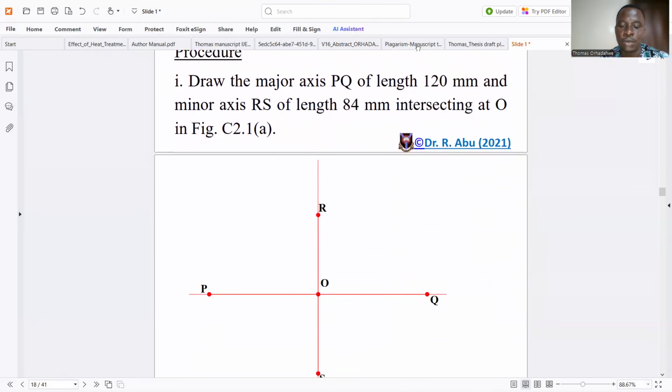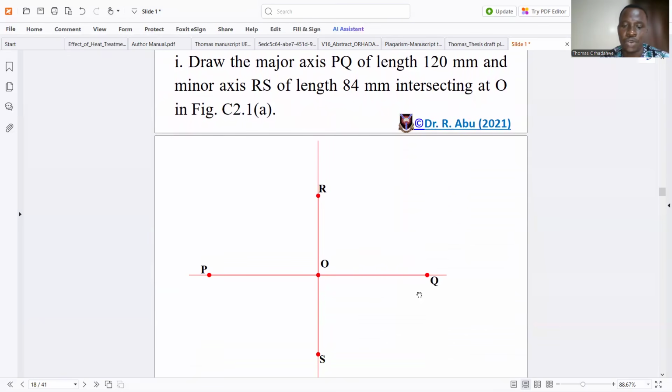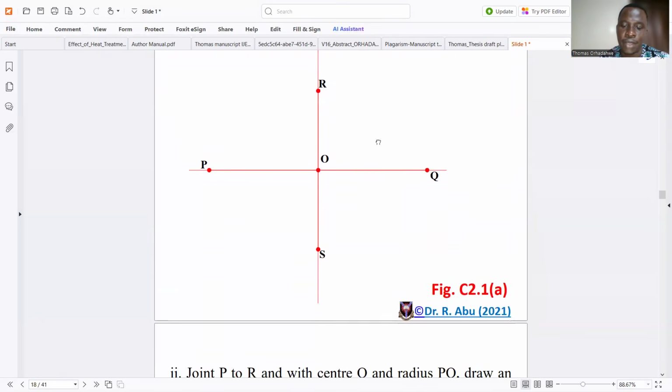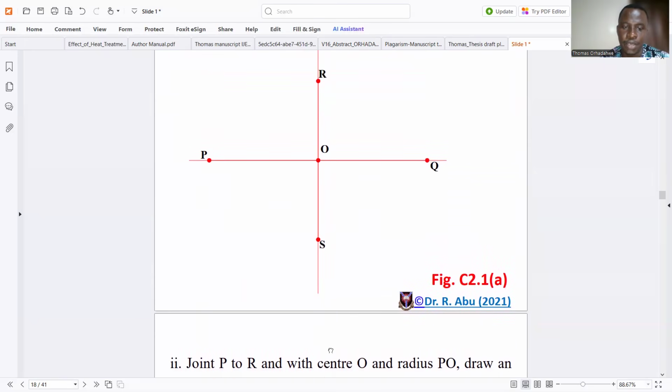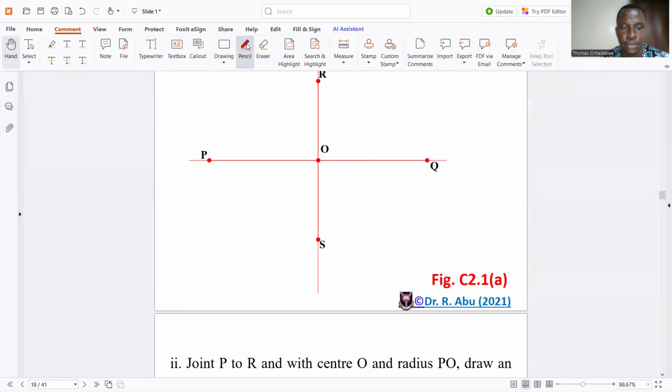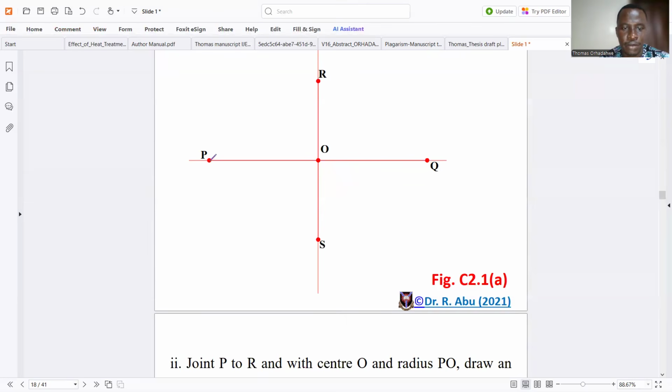So in this method, you draw the axes, the major axis and the minor axis. And after that, you join PR with a straight line.